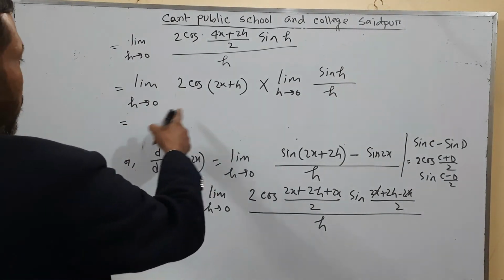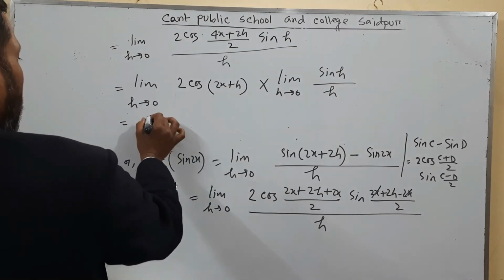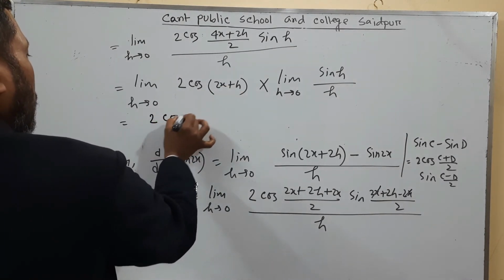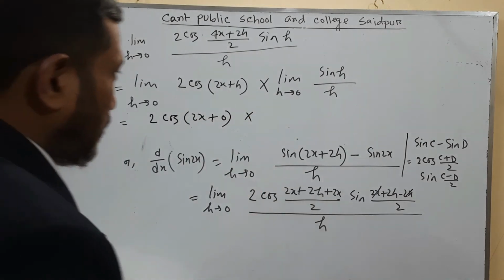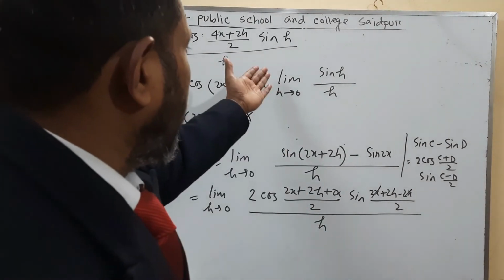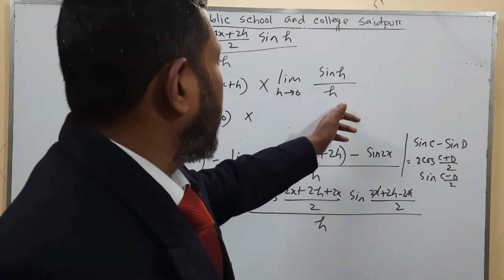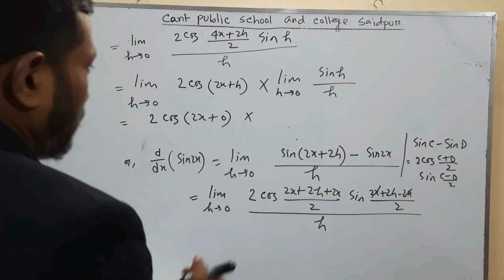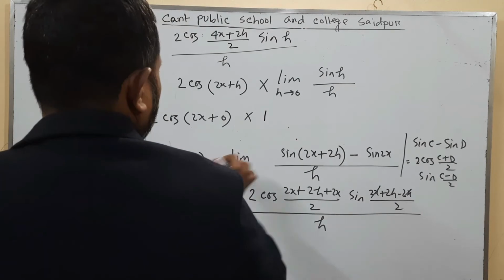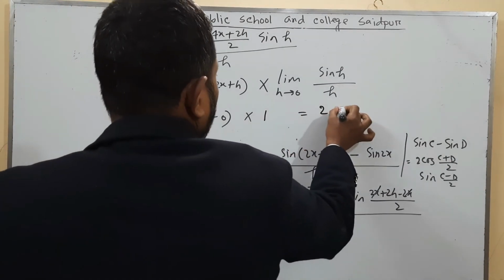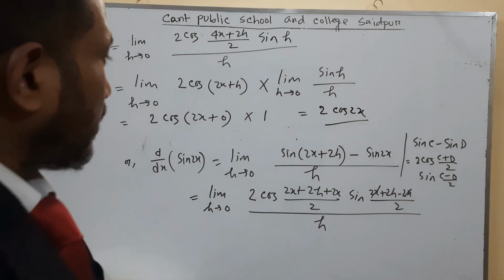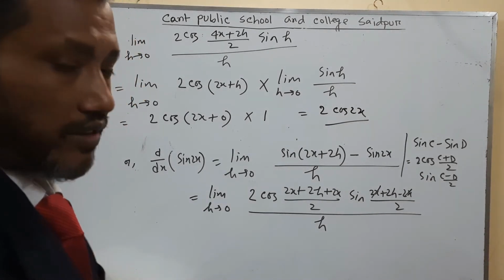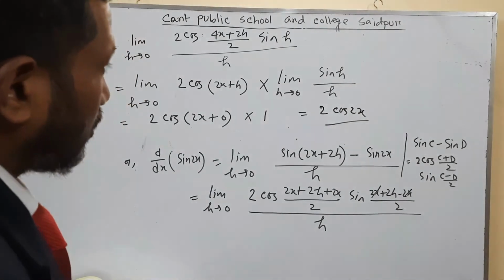If we put here h is equal to 0, then we get 2 cos 2x plus 0, and we know here limit h tends to 0 sin h by h is equal to 1. So 2 cos 2x. So the derivative of sin 2x will be 2 cos 2x.